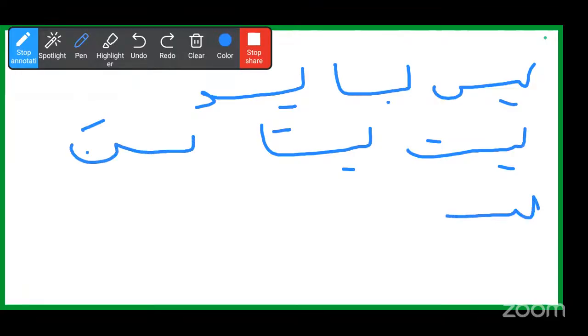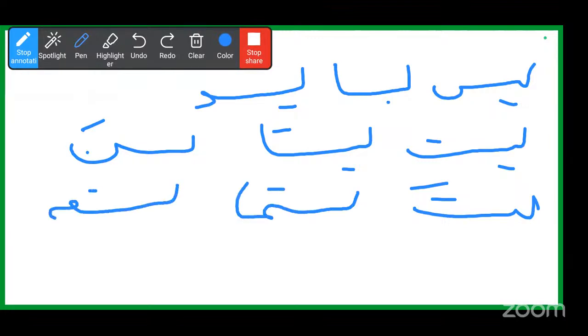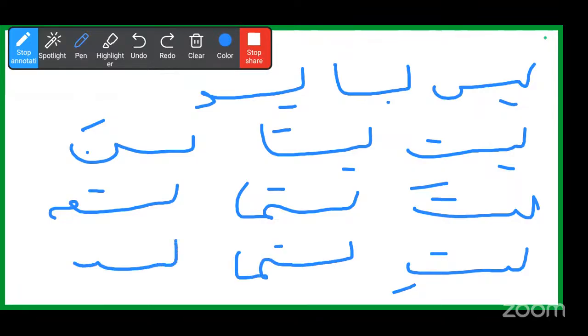Then lasta, lastuma, lastum, lasti, lastuma, lastunna. It's written here on page 307. And then lastu and lasna.